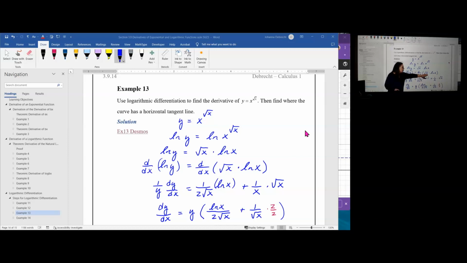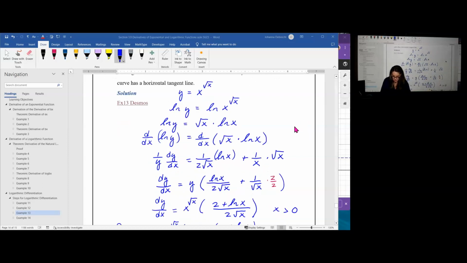The derivative of the square root of x is 1 over 2 the square root of x times 1, the derivative of x, then multiplied by natural log of x, plus the derivative of natural log, 1 over x, times the square root of x. Notice that x and the square root of x reduce and give you 1 square root in the denominator, as you can see here.